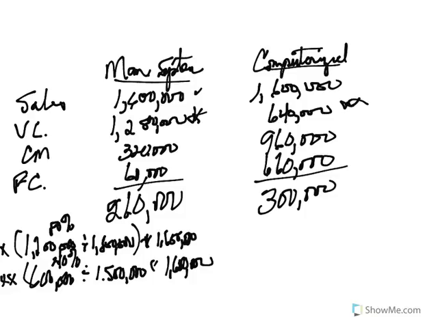For computerized, the variable cost ratio is 40%, and so 40% of 1,600 is 640. So we have the different contribution margins. The fixed cost is 60,000 for manual and 660 for computerized. You see that the profit for computerized went up to 300,000, whereas the profit for manual was only 260. So this third part of the question wants to know what would be the margin of safety for them.